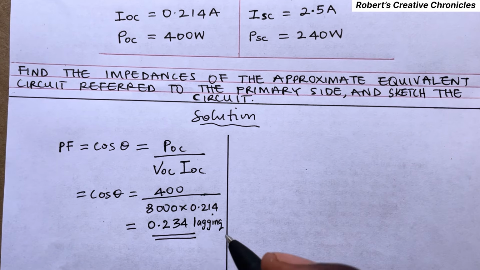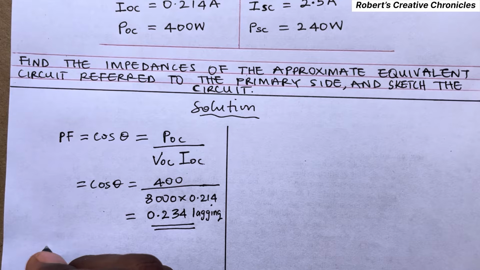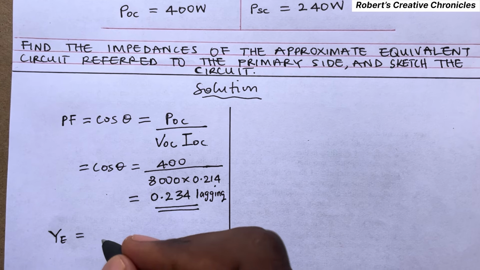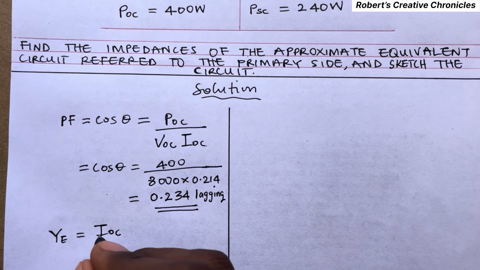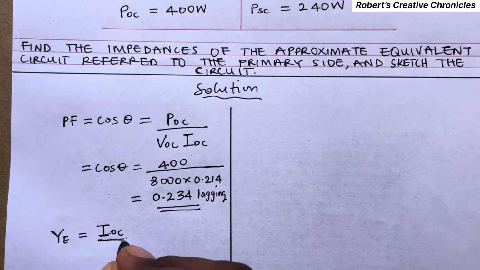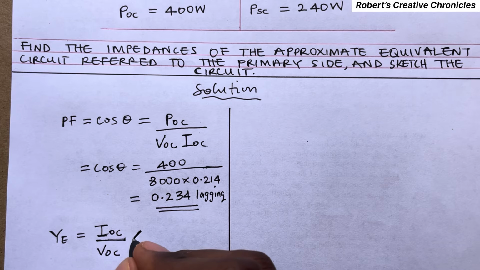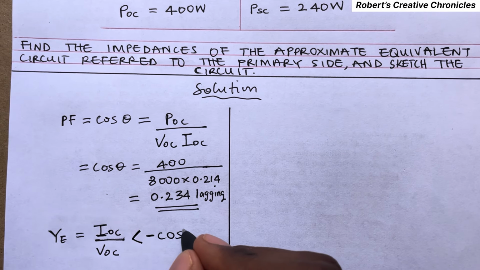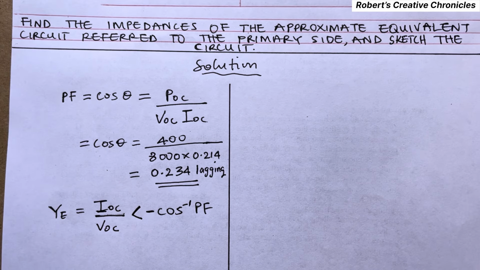So now the next thing we are going to find is the excitation admittance. The excitation admittance, YE, is equal to the open circuit current over the open circuit voltage, at the angle negative cos inverse of the power factor. This is the formula for excitation admittance.